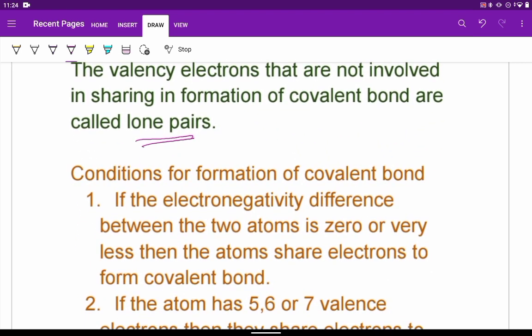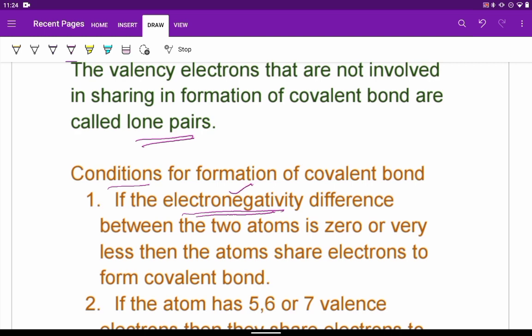For the formation of covalent bonds, certain conditions are necessary. The electronegativity is a very important factor for the atoms which are participating. Sometimes both the atoms are the same, sometimes different. If the atoms participating in covalent bonding are different, we have to be careful about the electronegativity.